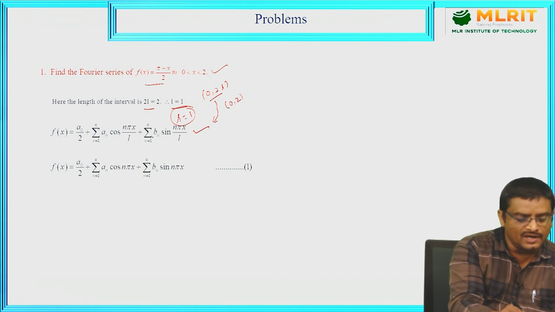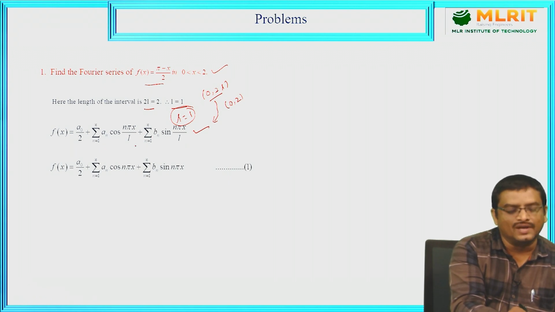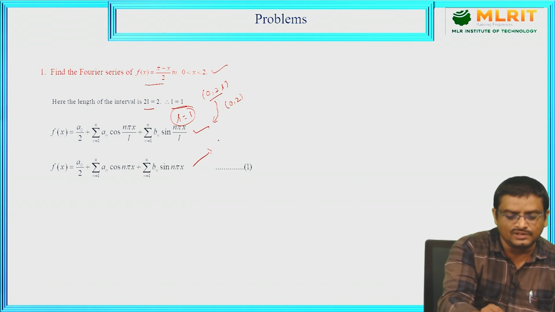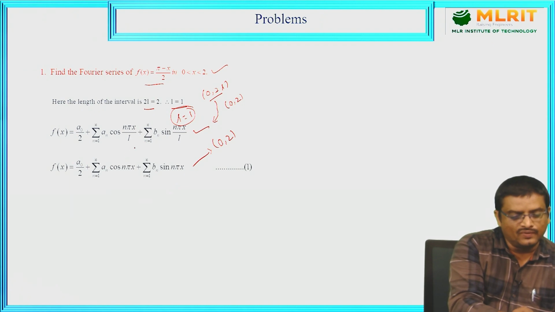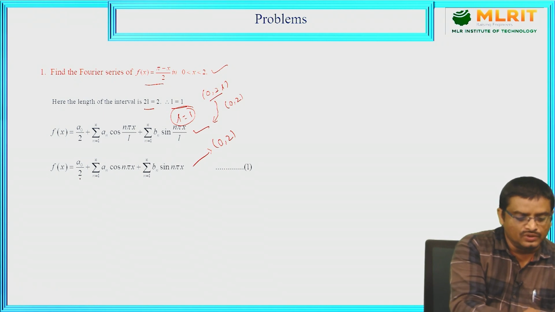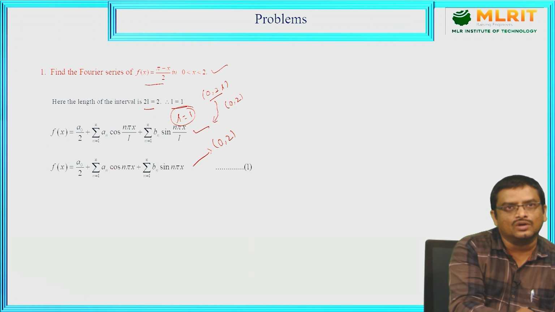Now in this standard formula I have substituted the value of l. So this is the standard formula to find out the Fourier series in the interval 0, 2. Wherever we have l in the standard formula, replace that l with 1. So you will get a0 by 2 plus summation n is equal to 1 to infinity an cos n pi x by l.